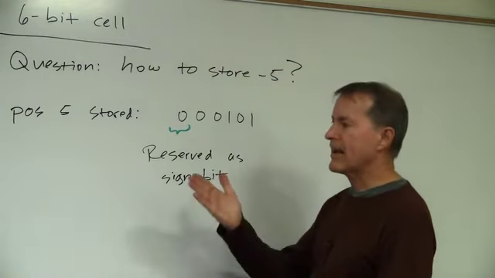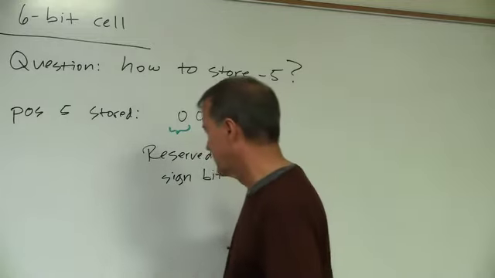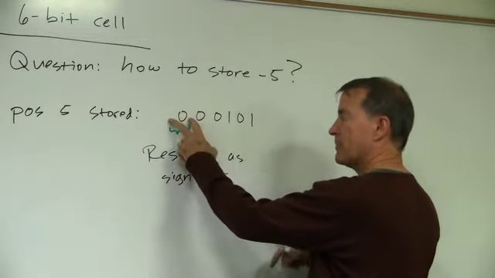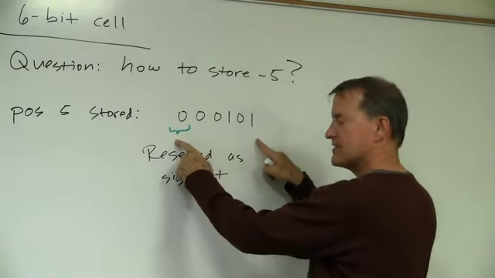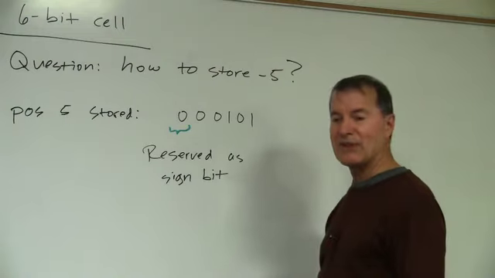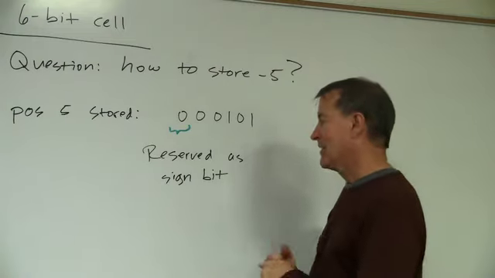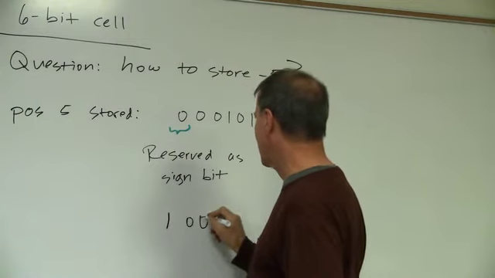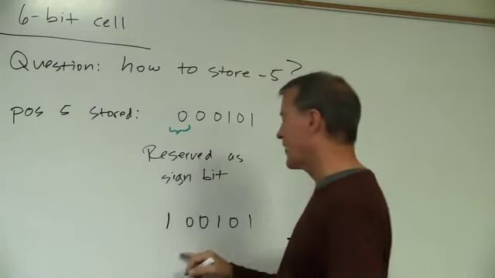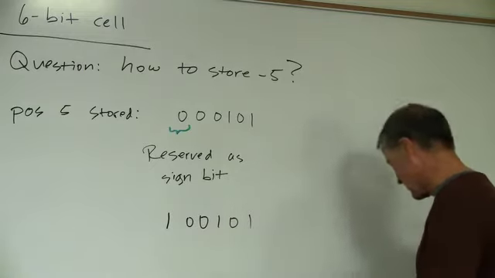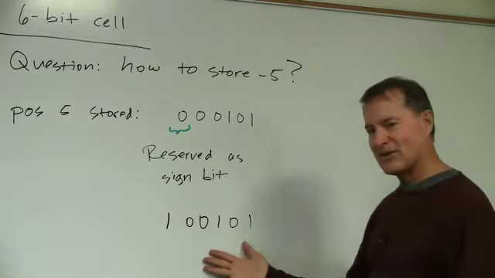So how do you think -5 is stored? I will say this is how +5 is stored, because if the sign bit is 0, this is positive. Now here's my big question to you. How is -5 stored? You would think it would be 1, 0, 0, 1, 0, 1. That is the immediate reaction: you would think that this is how -5 is stored.